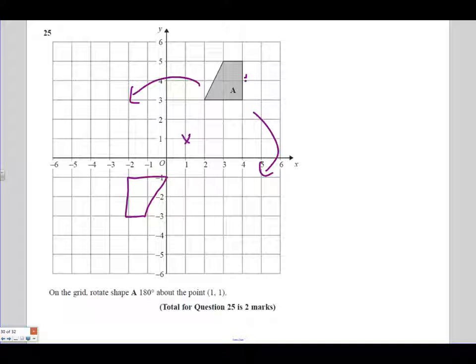For accuracy, the shape that you've rotated to its new position is called the image, and in theory you should annotate it A dashed. So when you rotate A 180 degrees about 1, 1, A dashed is where it ends up.